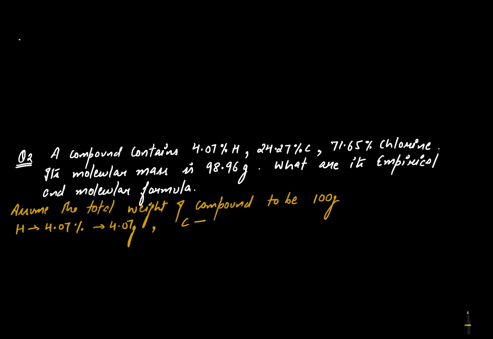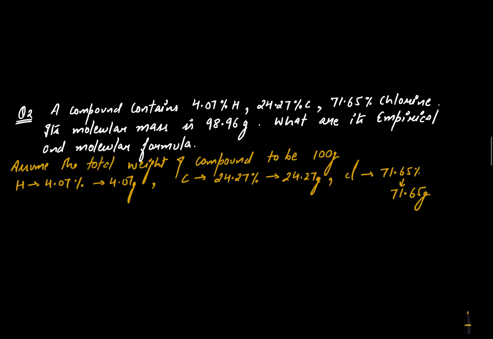My carbon, which is 24.27%, becomes 24.27 grams, and chlorine, which is 71.65%, is taken to be 71.65 grams. So now let's come back to our tabular form, and please focus on the set of rules.